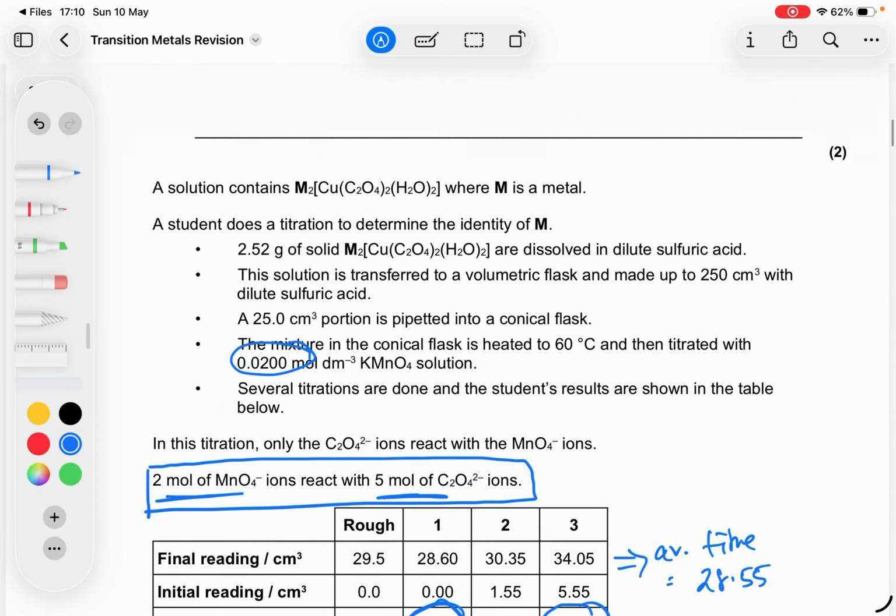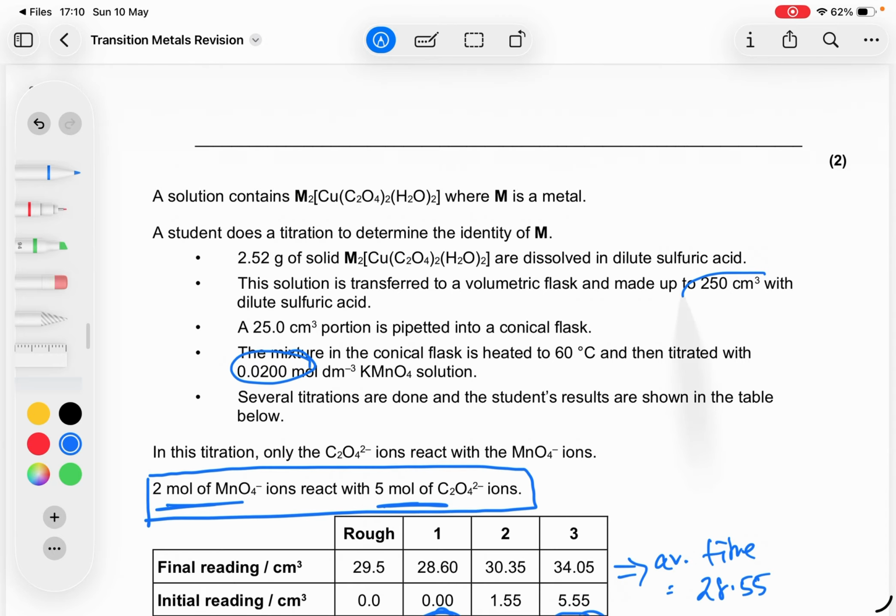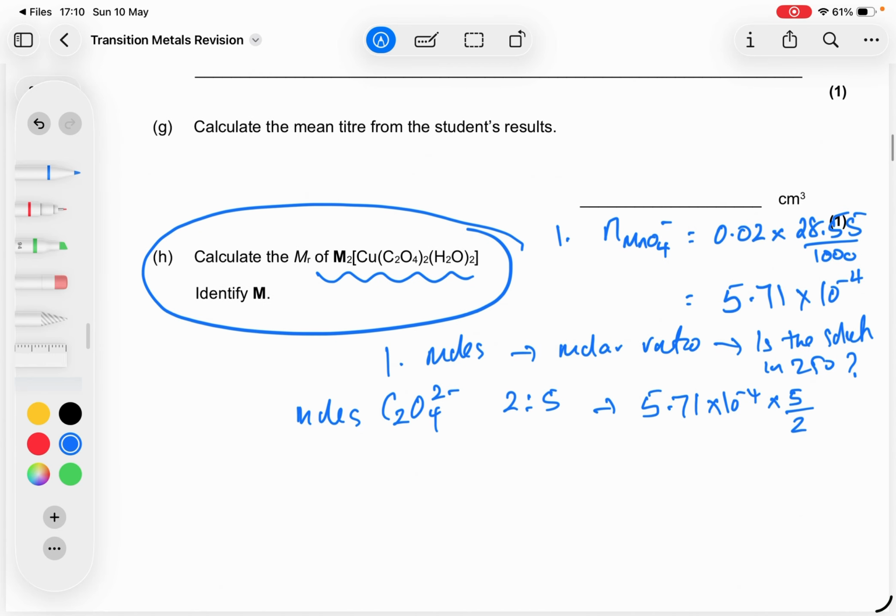Now, if we look at the solution, it was made up to 250. 25 of the complex of M is titrated. So at this stage, I'm also going to multiply by 10. And up to here, most students will have got this answer of 1.4275 times 10 to the minus 2.